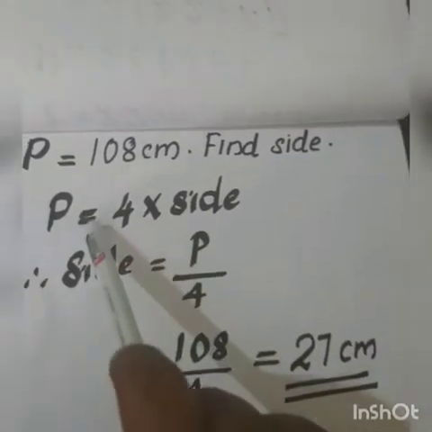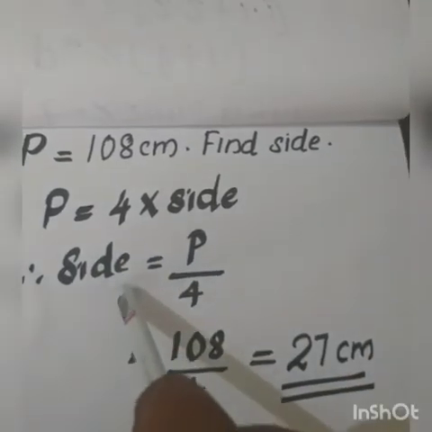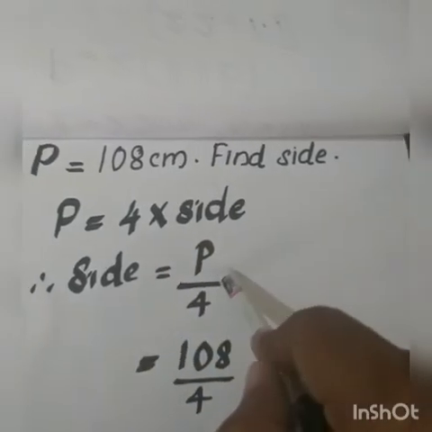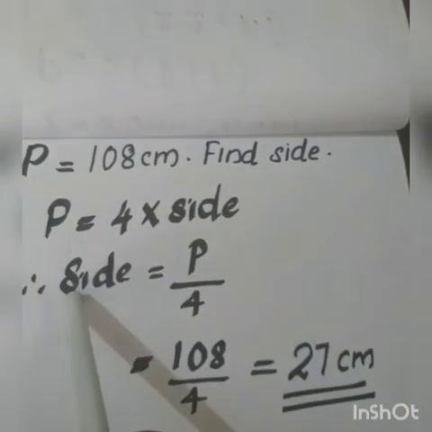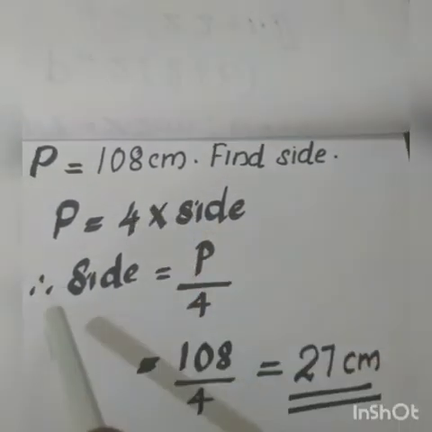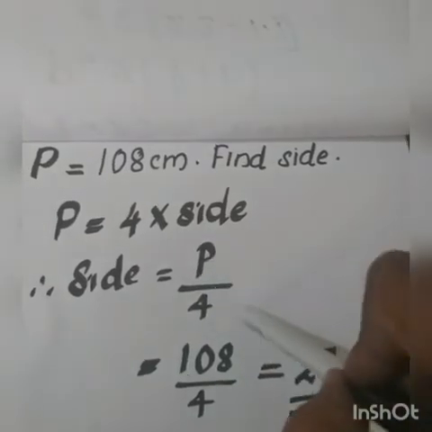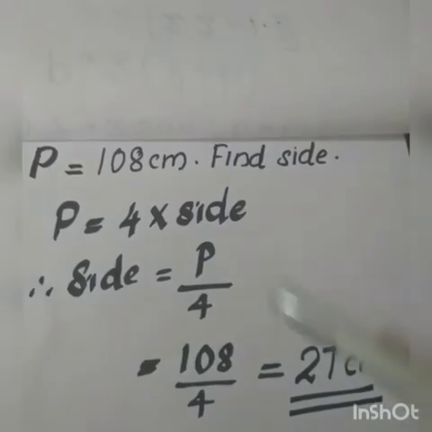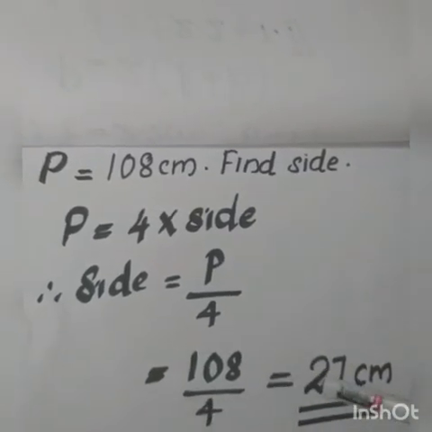So like perimeter is equal to 4 into side, we have to study the expression side is equal to perimeter by 4. This is a case of a square, not a rectangle. So if perimeter is given, how will we find the side? Side is equal to perimeter divided by 4. Now what is the perimeter here? 108 centimeter. So 108 centimeter divided by 4, you get 27 centimeter.